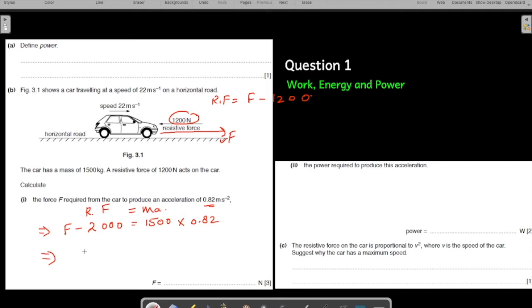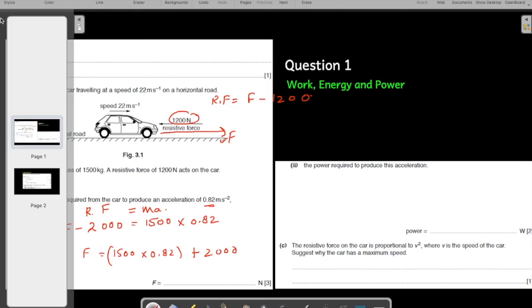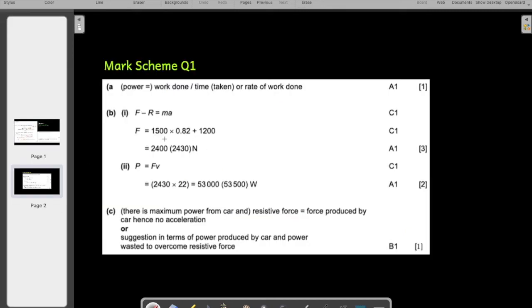So now you have to use your calculator, which is simple to do. Work it out on your calculators and tally with the mark scheme if you are getting the correct answer. I'll show you the mark scheme now. So here you have the mark scheme.